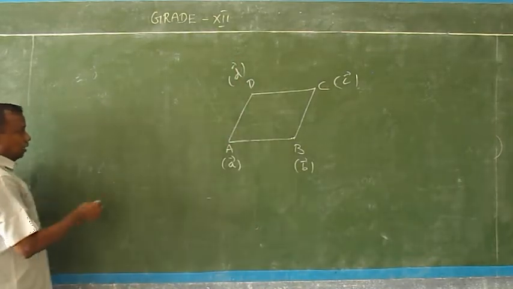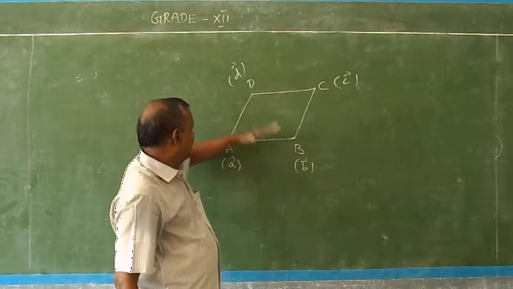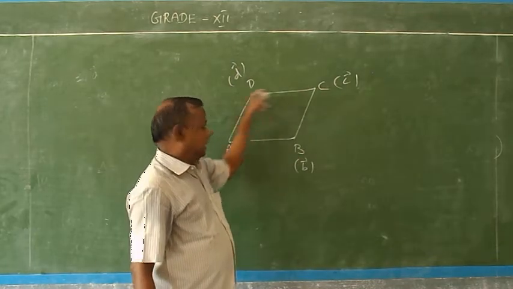As I told you, the adjacent sides are AB and AD, or otherwise CB and CD.